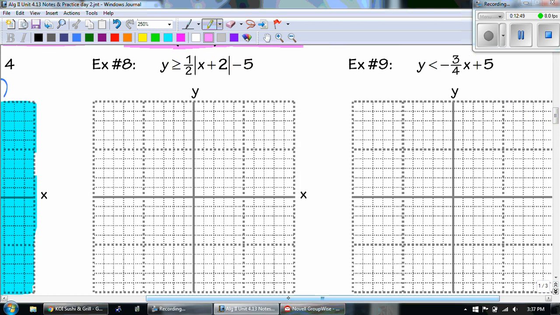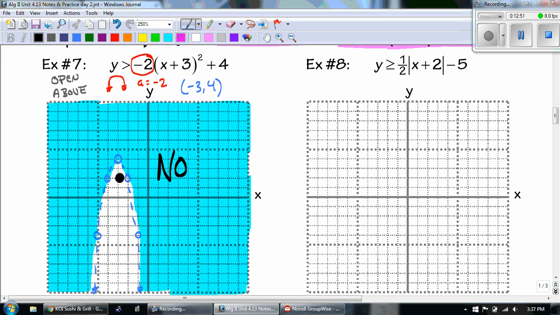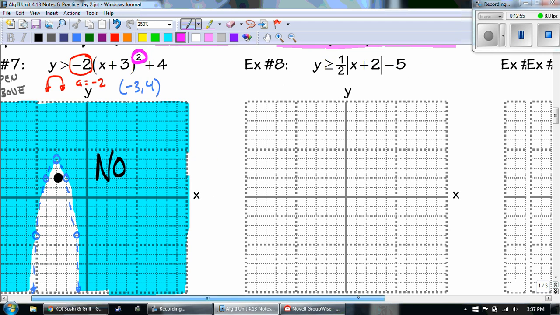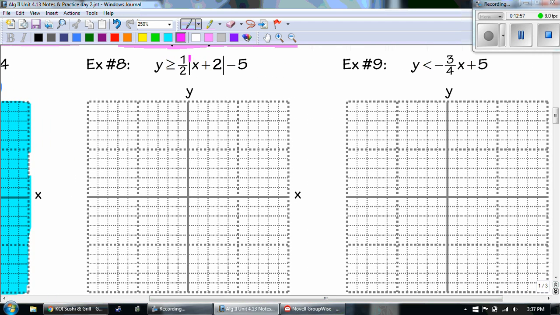Now, something else I want you to notice real quick. I don't know if you guys are paying attention to, but number 7 was a quadratic. Number 8 is not a quadratic. Number 8's absolute value. Okay, so it's going to be a little bit different. First thing we do is look at the symbol that is closed, and it is above.